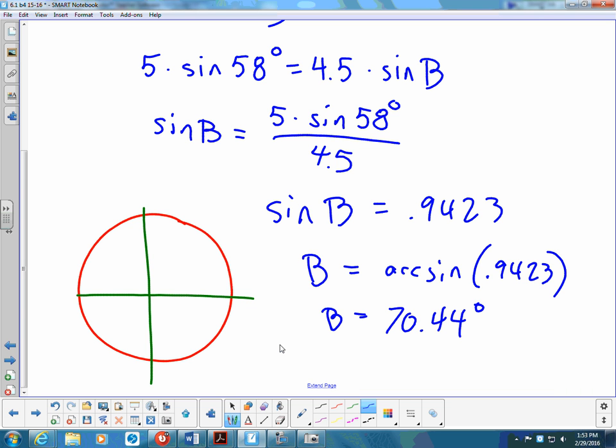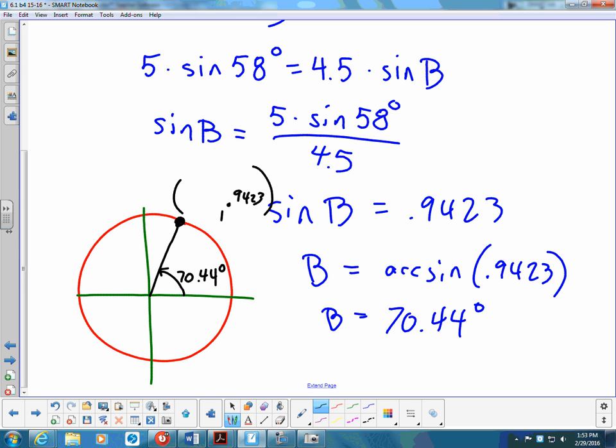Let's say 70.44 degrees might be right there. You with me? This angle right here is 70.44 degrees. I don't know much about this ordered pair, but I know that the y coordinate is 0.9423.